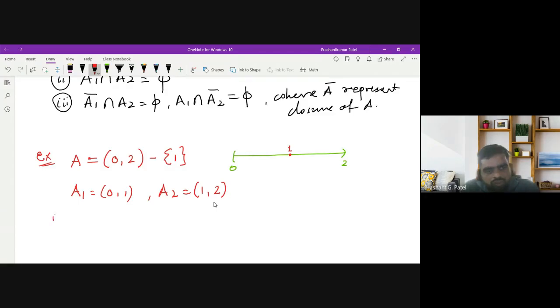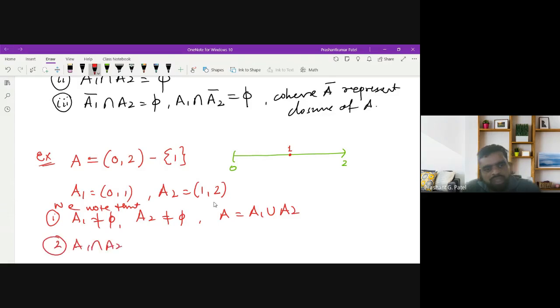Now we first note that A1 is non-empty and A2 is non-empty, and A is nothing but A1 union A2. The second one is that A1 intersection A2 is empty.